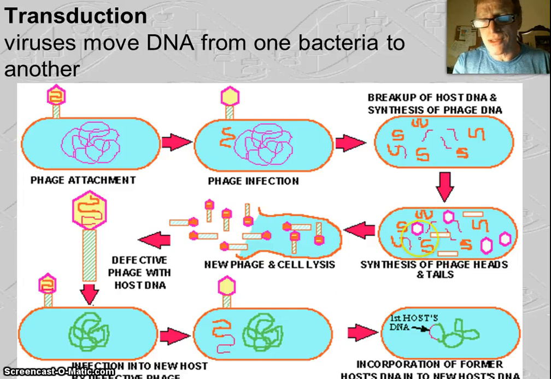And sometimes, as the new viruses get assembled from a bacteria, they have some of the bacterial DNA in the viruses. And then when that virus attacks a new bacteria, it's going to inject that DNA from the previous bacteria into the new bacteria. So what viruses sometimes do accidentally is introduce DNA from one bacteria into another. When they do this, it's called transduction.